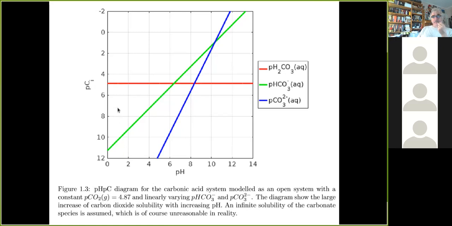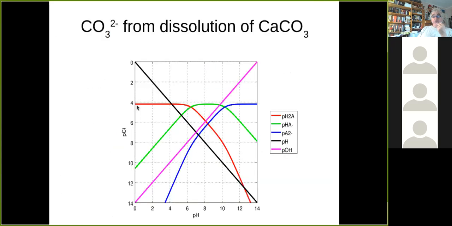This is a graph showing the solubility of carbon dioxide as a function of pH. So between, say, 0 and something like 6.4, there is more or less constant solubility of carbon dioxide. This is also visible in the previous diagram.